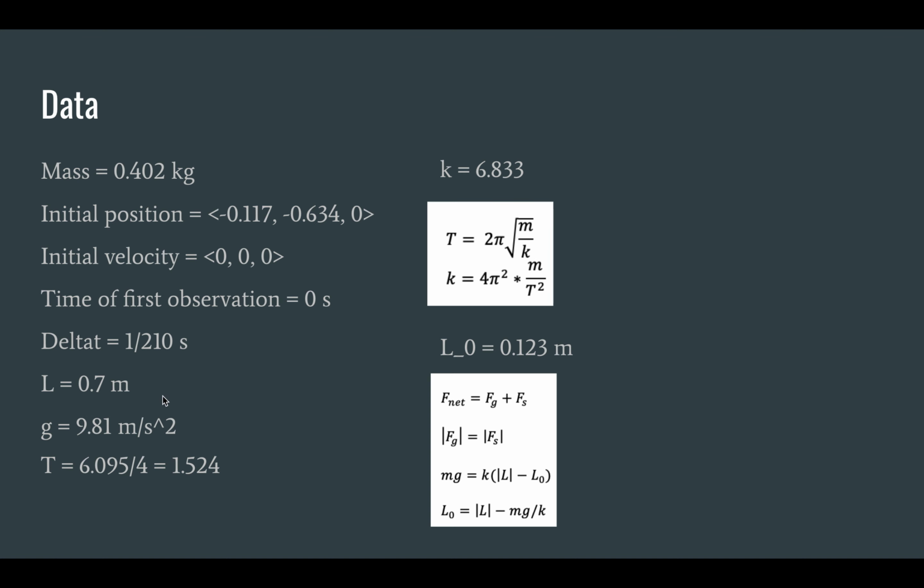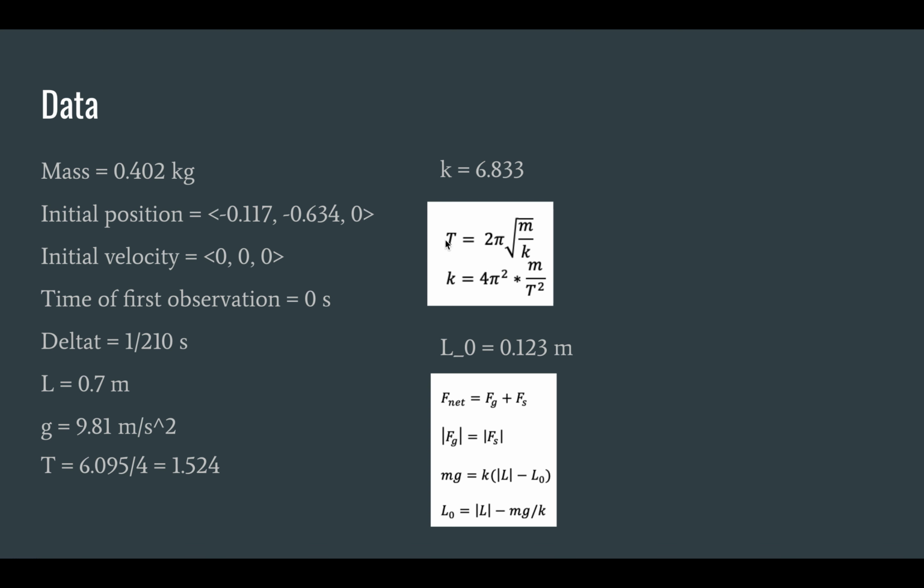And then a few data values I have are the mass of what the spring is holding, the initial position found with the Tracker, the initial velocity, which is just 0 because it starts at rest, the time of the first observation, which is 0, delta t, which is equal to 1 over 2 times the frame rate, and the length of the spring, which is 0.7 meters. And the oscillating time period is used with the y.